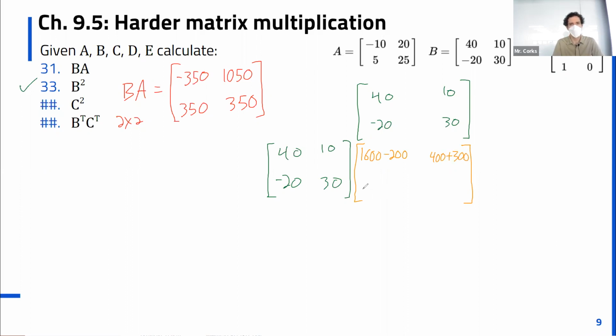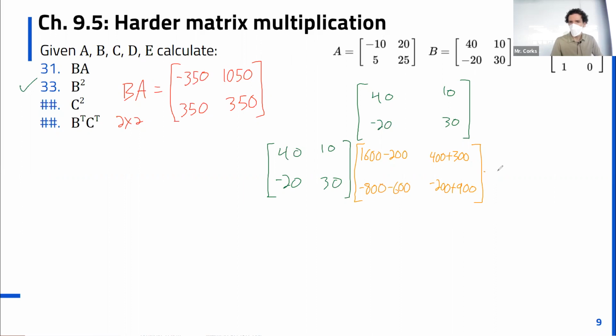And next one, negative 800 plus 600, okay, and negative 200 plus 900.